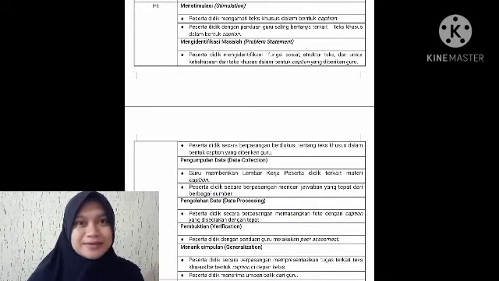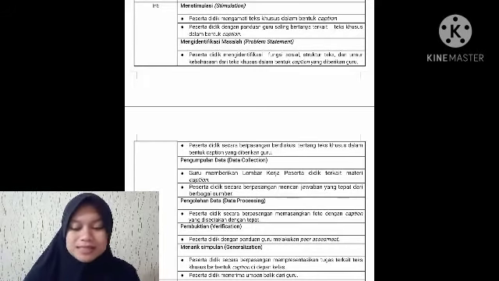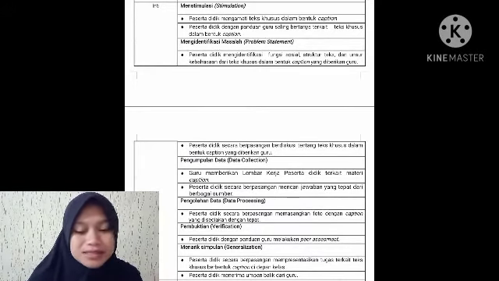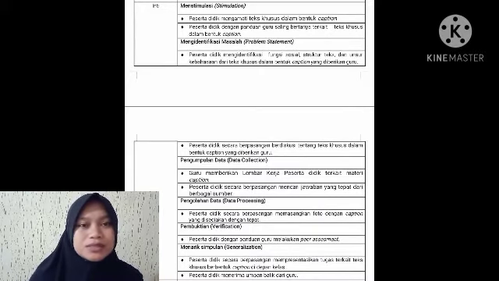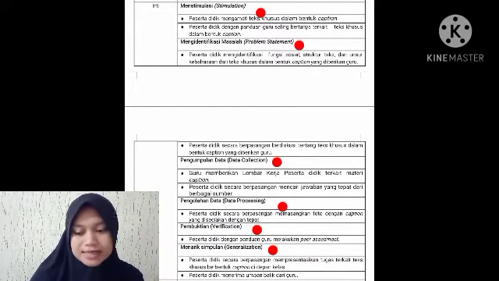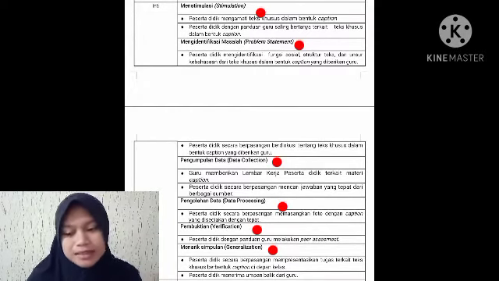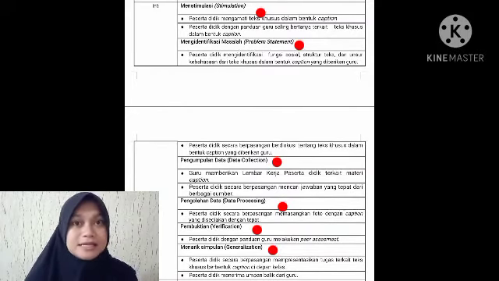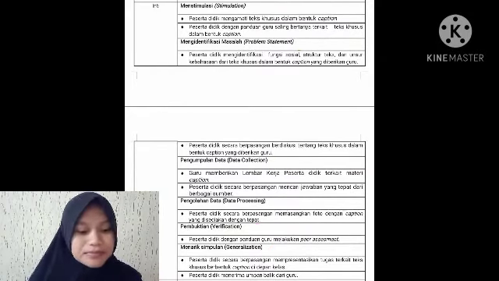Next, main activities. I use discovery learning model, so there are 6 phases when we use this model. The first is stimulation, the second one is problem statement, the third is data collection, next data processing, verification, and the last is generalization.